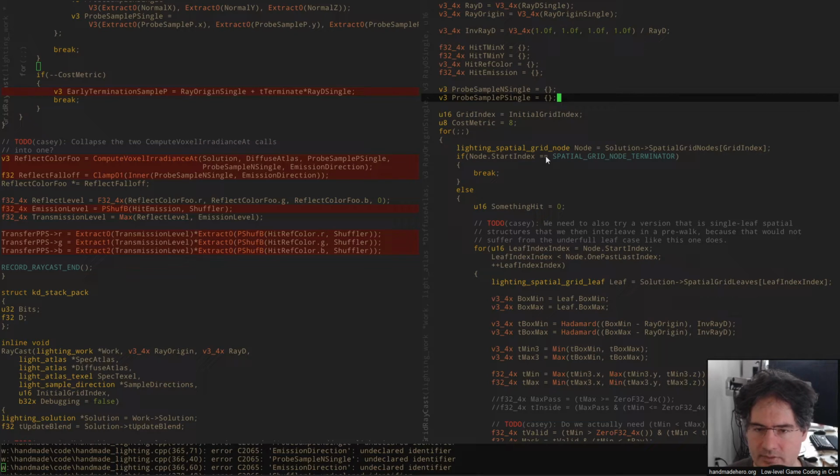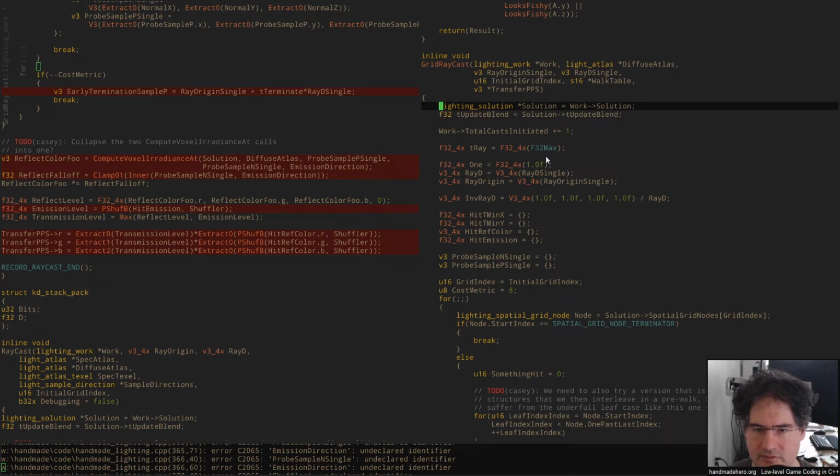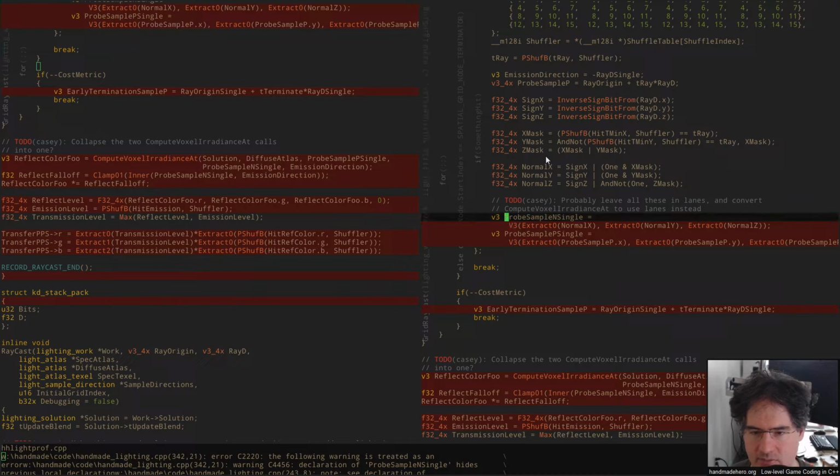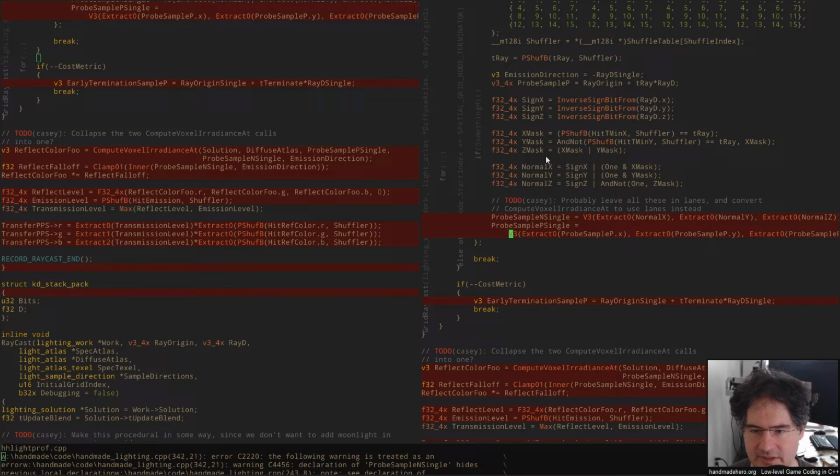When this gets pulled out, and similarly for the transfer PPS here, I think we want this welded in. We want that transfer PPS to actually get sampled always, and we'll make the adjustments that make that happen properly in a second. So we know that we need to produce these two, and we will just assign to them in these two cases and then let them fall out of the routine properly.